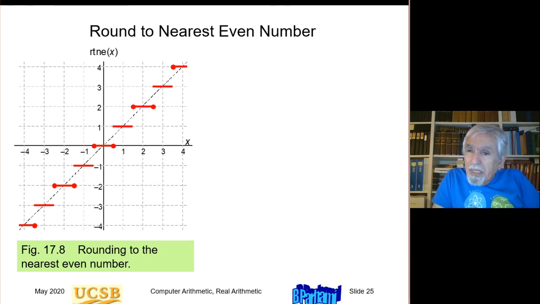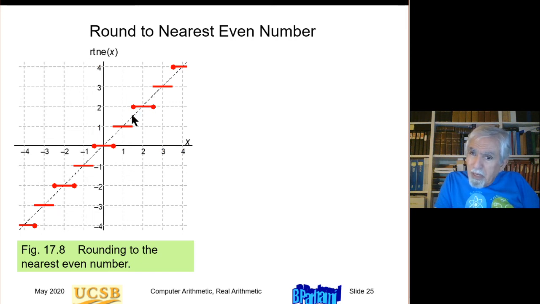Round to nearest even tries to remove this problem by alternating between rounding up and rounding down. So if I have 1.5, I round it to 2, the nearest even number at the midway point. If I have 2.5, I round it down to 2.